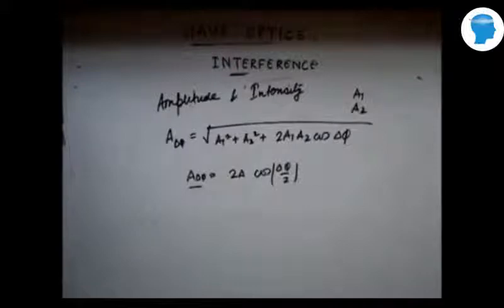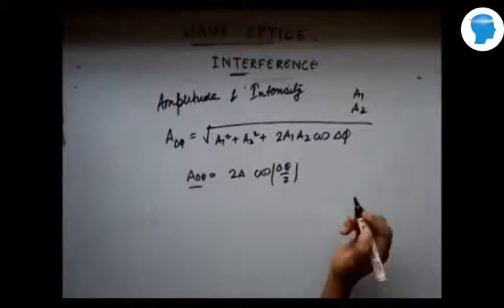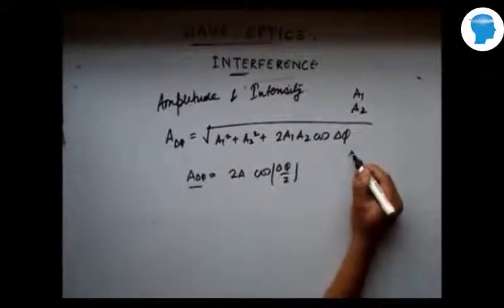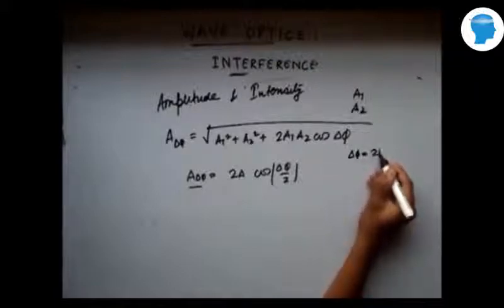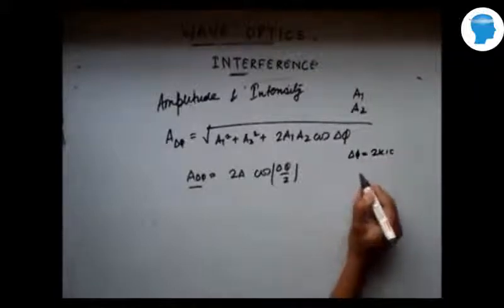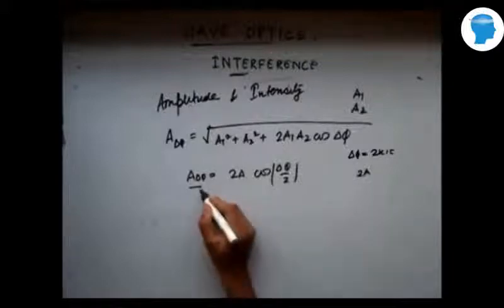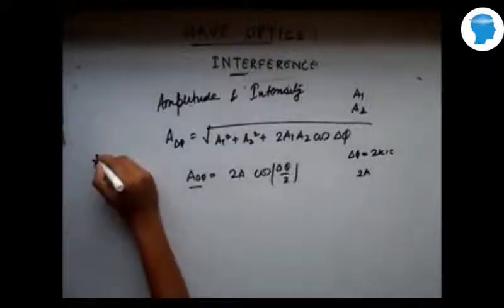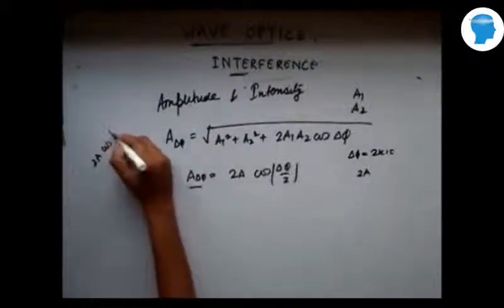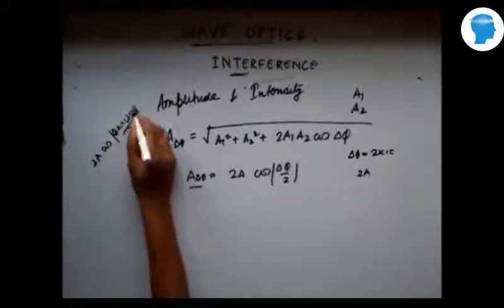So when we have constructive interference, del phi is 2k pi. This becomes 2A. When we have destructive interference, del phi is 2k plus 1 pi. That means what is the resultant amplitude? 2A cos of 2k plus 1 pi by 2.